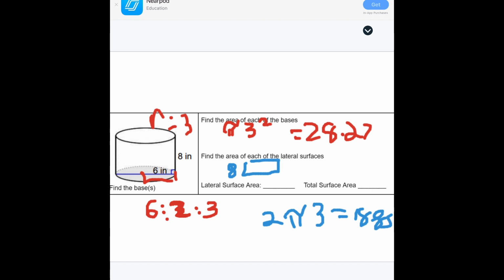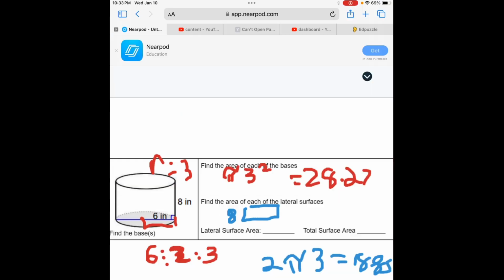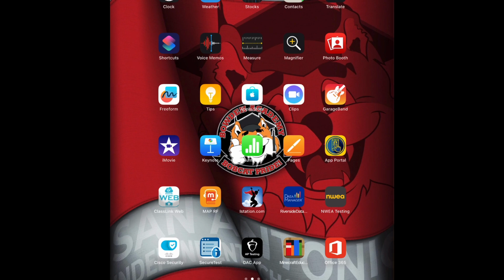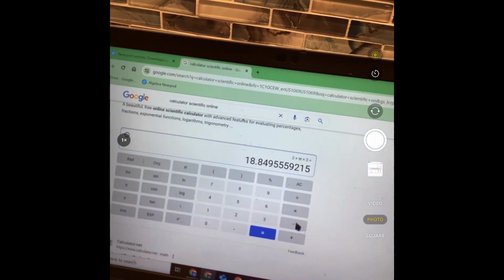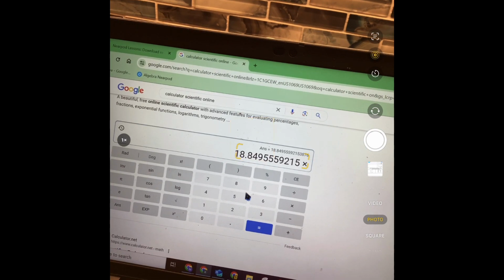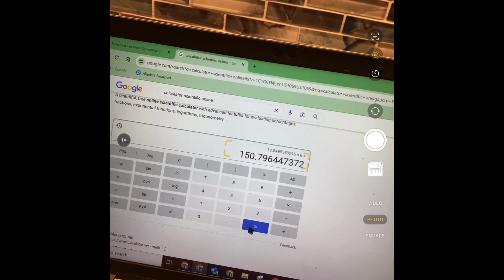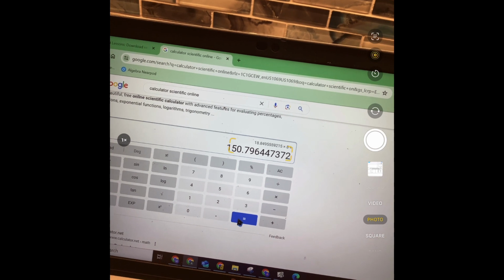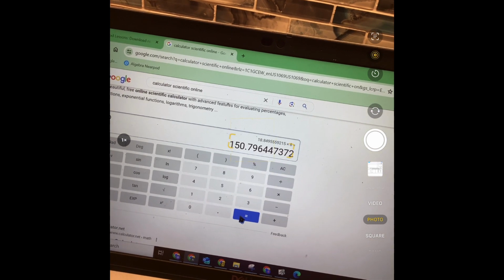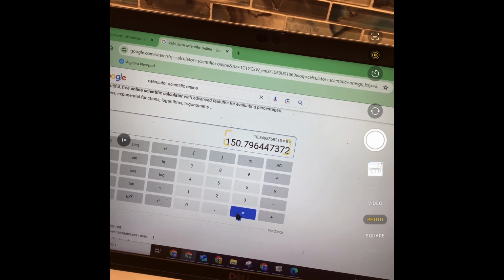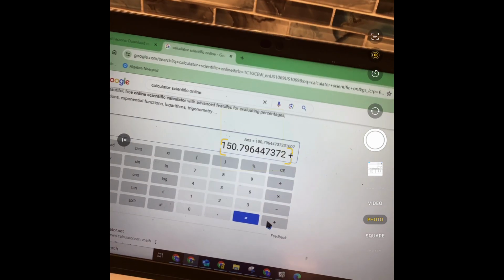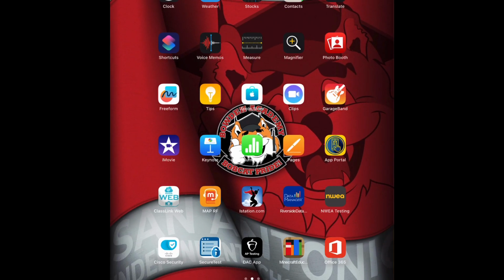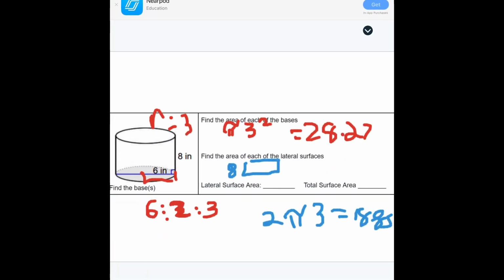To find the area of the rectangle, I take my 18.85 that I have here. I multiply it by the number 8, because that's the height between those two circles, 150.8, okay? 150.8 is going to get added to the area of my circles, which, because I don't have it on my screen, I gotta check again, 28.27.